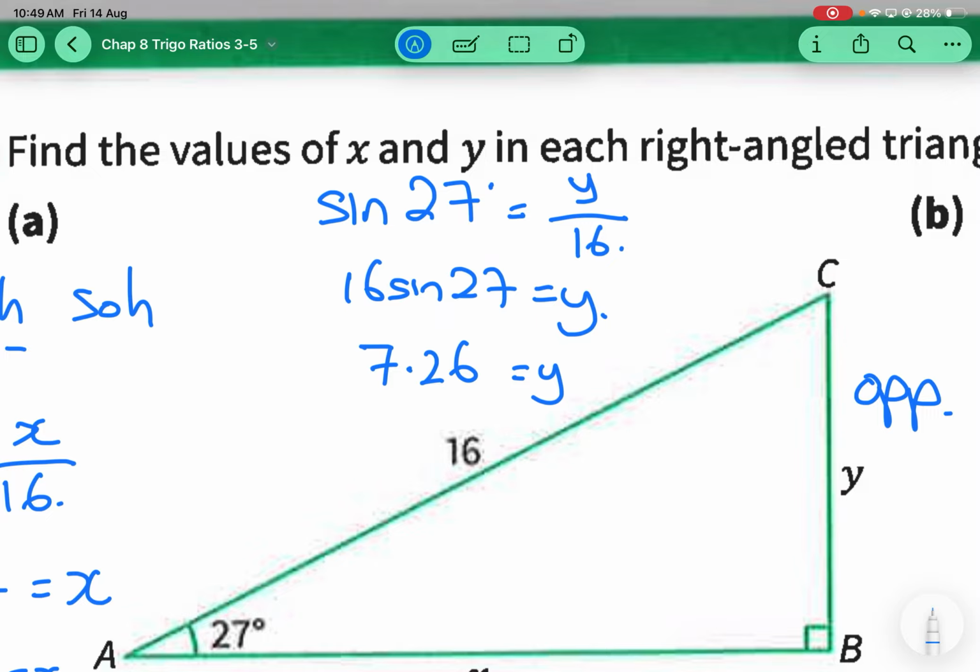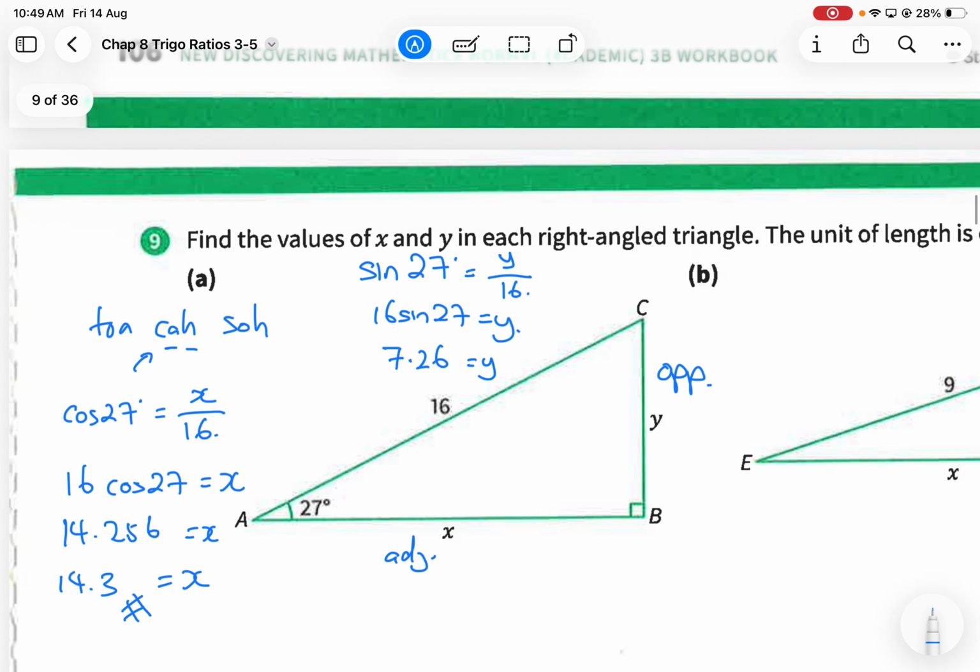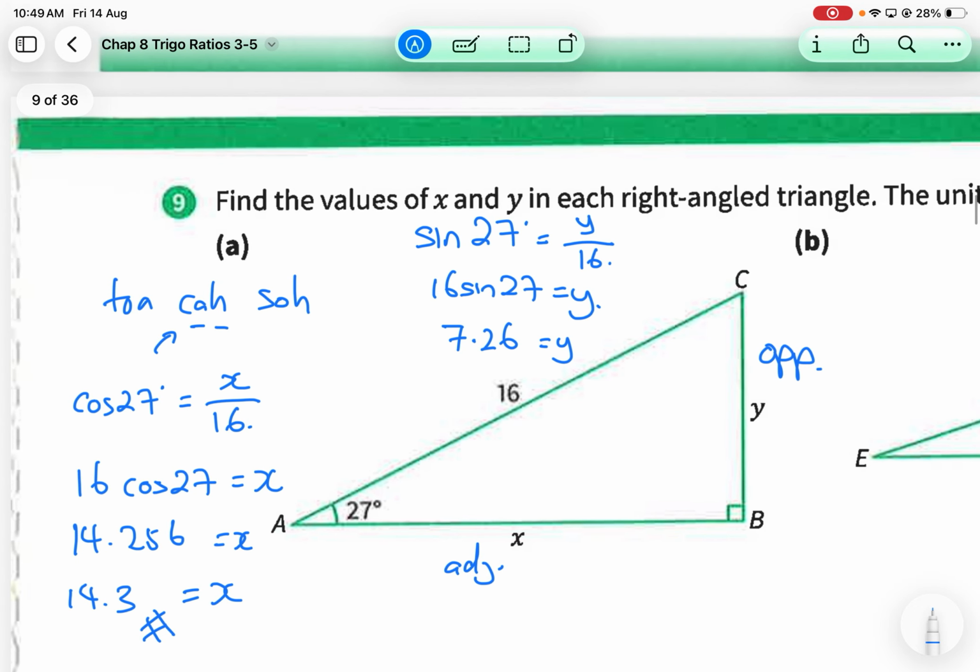If okay, you all try the next questions. Five minutes, you should be able to do 3 marks. 3 marks is 1 question, just nice.